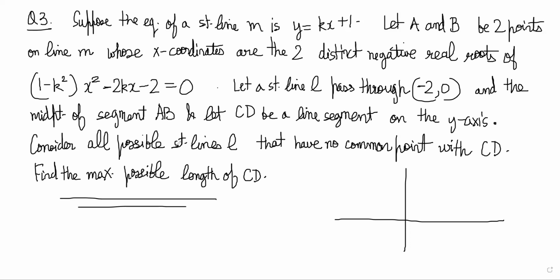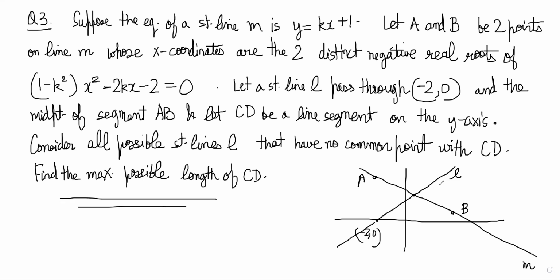Let's say line M is like this, and this is A and this is B. A straight line is drawn through (-2, 0), and the midpoint of segment AB is here. This is my straight line L.